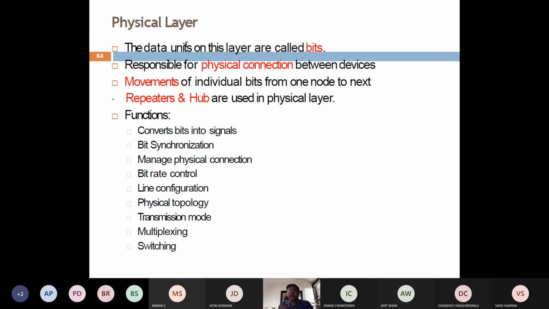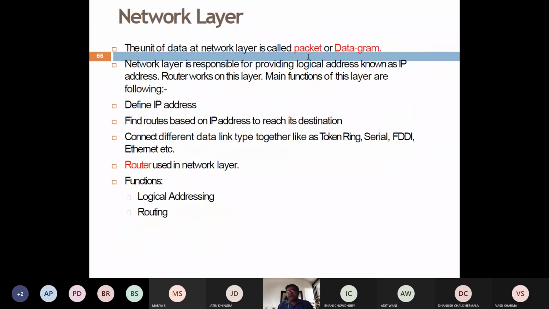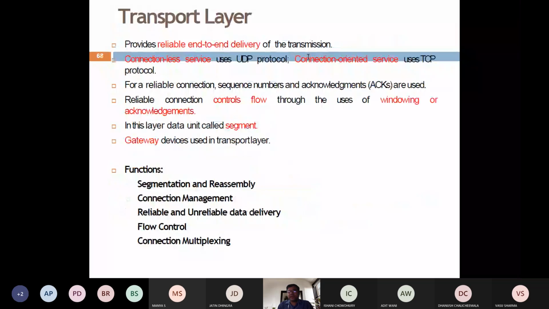So in the physical layer, what is the name or unit of that data? It is called bits. Data is present in the form of bits in the physical layer. You just have to remember these terms. In the physical layer it is bits; in the data link layer it is frame; in the network layer it is packet or datagram; in the transport layer the data is in the form of segment.